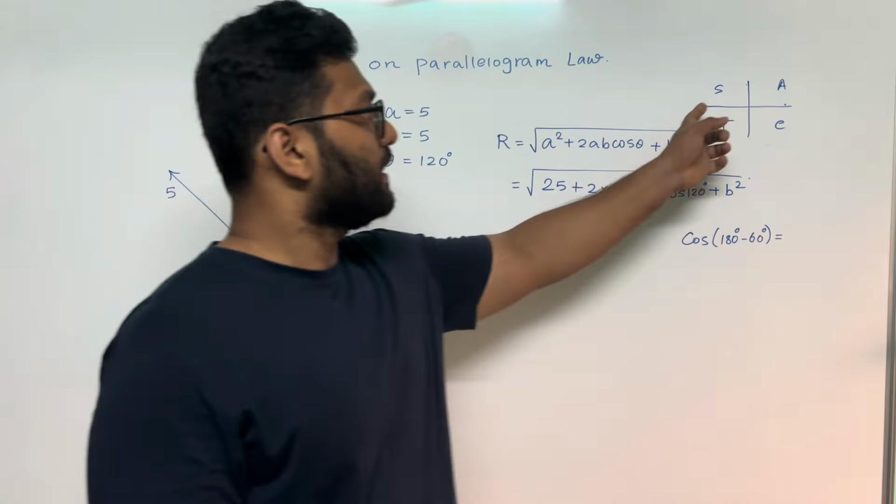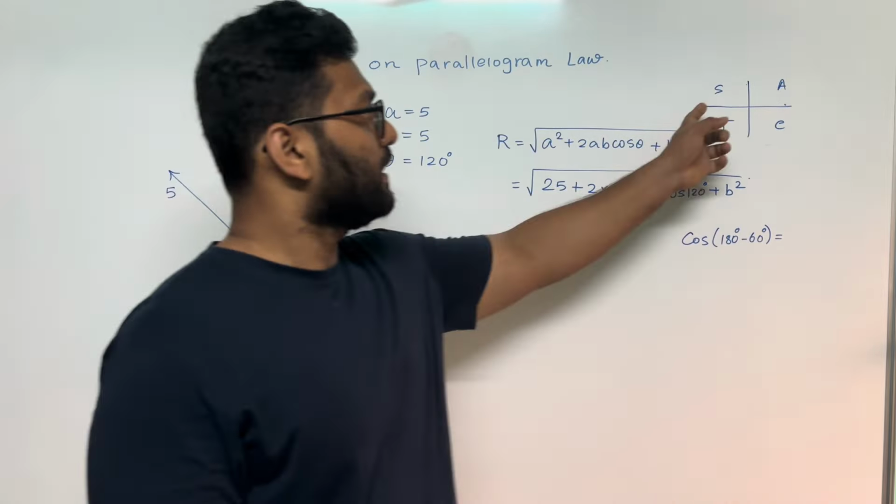And let's see what will be the angle. Let's say this is angle alpha. Now tan alpha we know is b sine theta upon a plus b cos theta. So b sine theta is 5 sine 120 degree divided by 5 plus 5 cos of 120 degree.